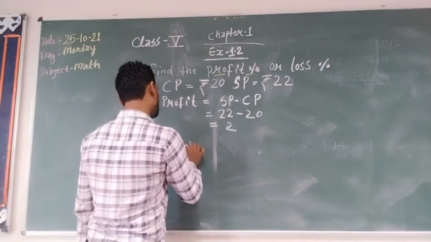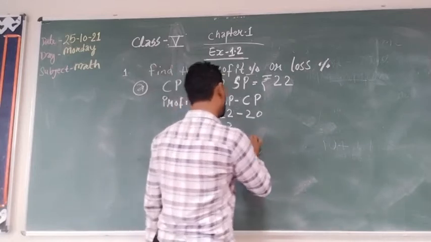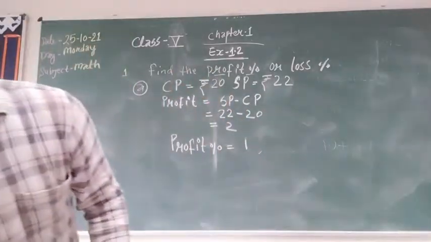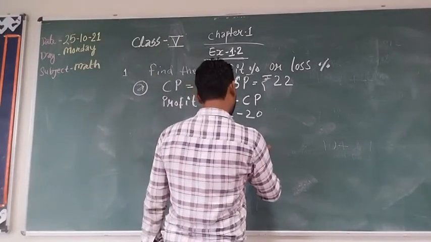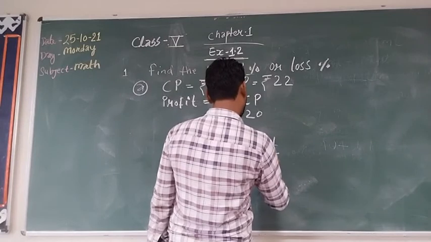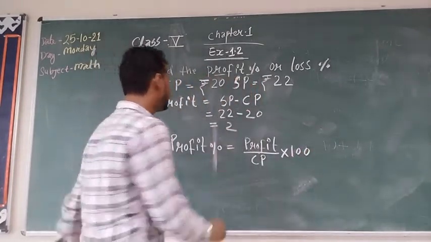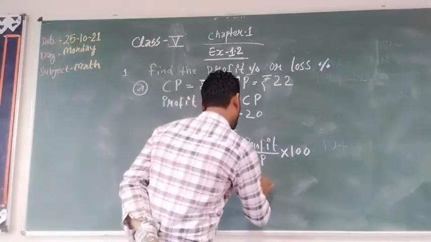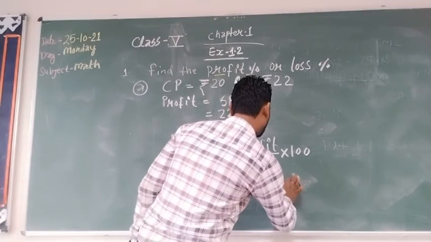So profit percentage is equal to profit upon cost price multiplied by 100. What is the profit? 2 is the profit. The cost price is rupees 20 and we multiply it by 100.